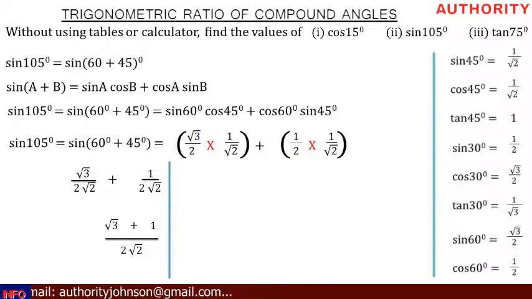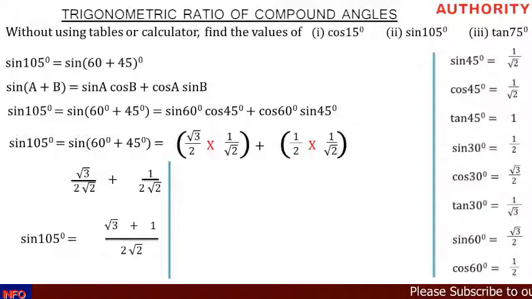Then plus, 2 root 2 divided by 2 root 2 gives us 1, and 1 times 1 gives us 1. So we have root 3 plus 1 all over 2 root 2. So sine 105 degrees is equal to root 3 plus 1 all over 2 root 2.